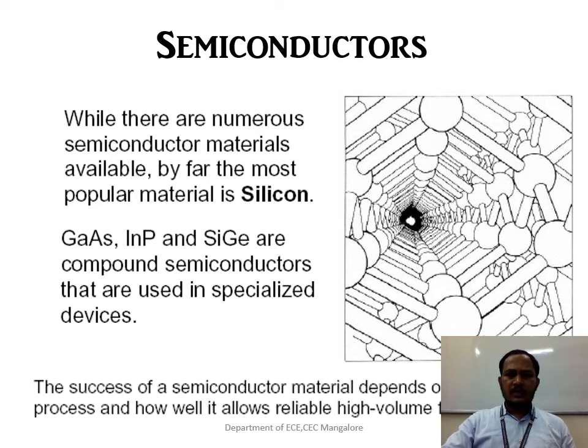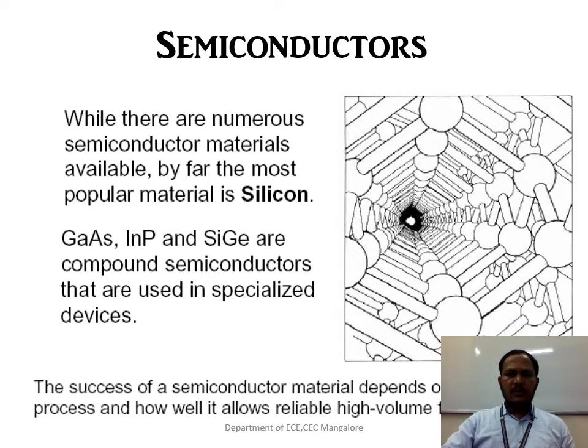The major material is silicon, as well as compound semiconductor materials like gallium arsenide, indium phosphide, and silicon germanium, which are also used to fabricate an IC. The major material used in current industry is silicon only.